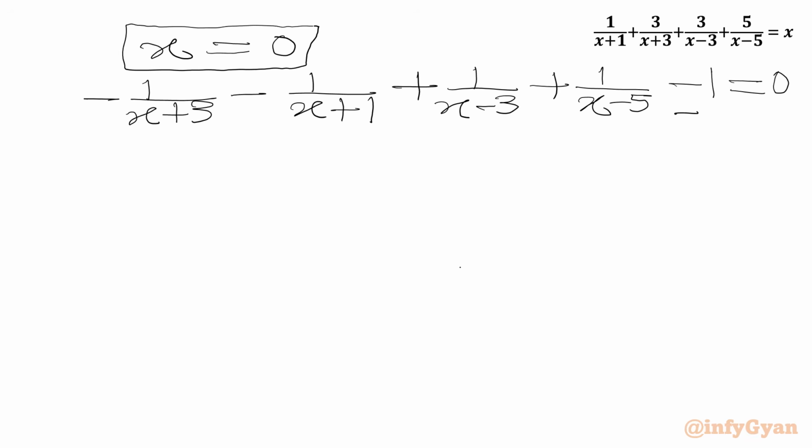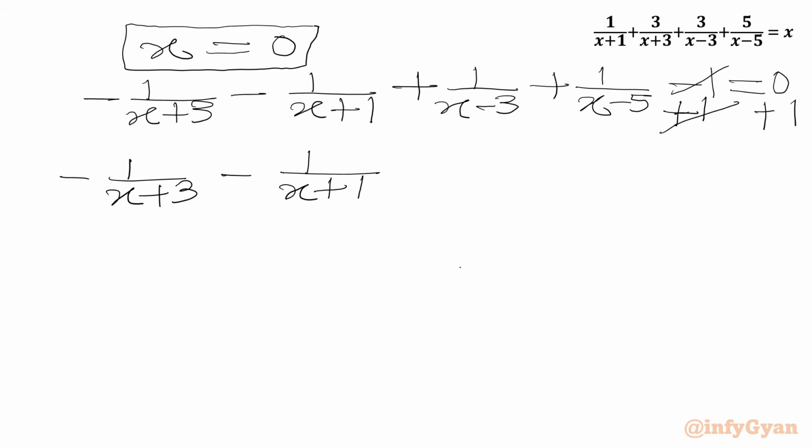Now we will add 1 to both sides so that plus 1 and minus 1 get cancelled from LHS, and we will write minus 1 over x plus 3, minus 1 over x plus 1, plus 1 over x minus 3, plus 1 over x minus 5 equal to 1.